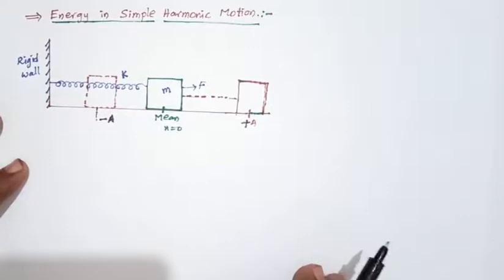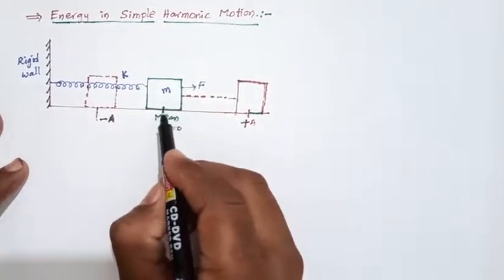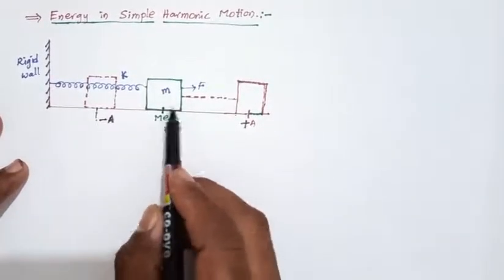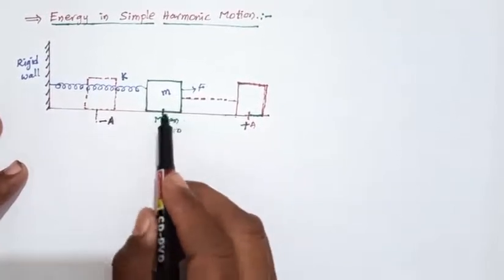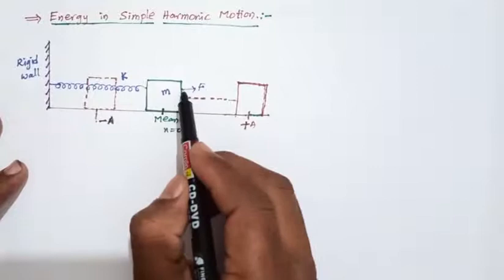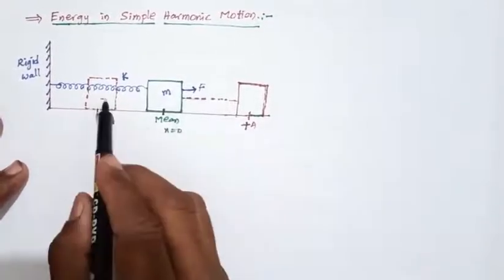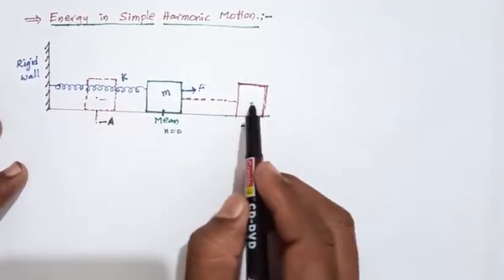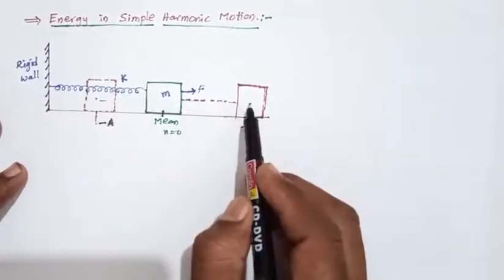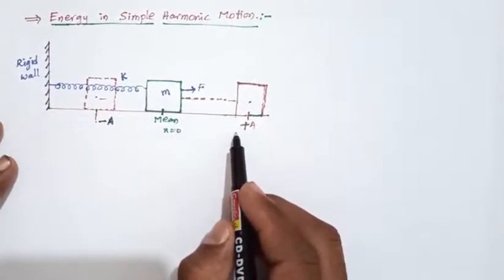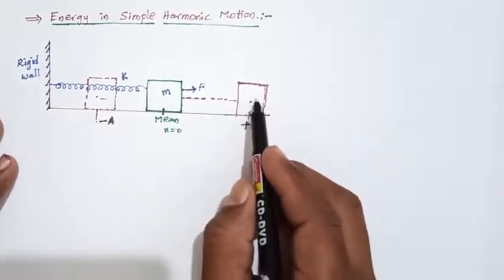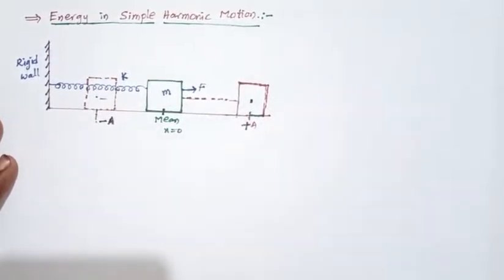In simple harmonic motion, at the mean position the displacement is completely zero. At the extreme positions, the displacement is maximum, and there it has potential energy.